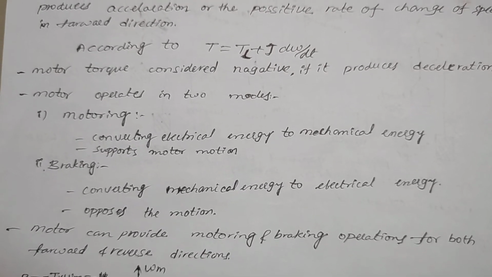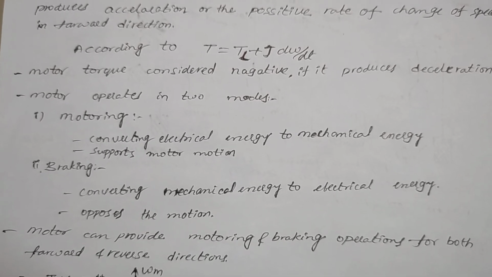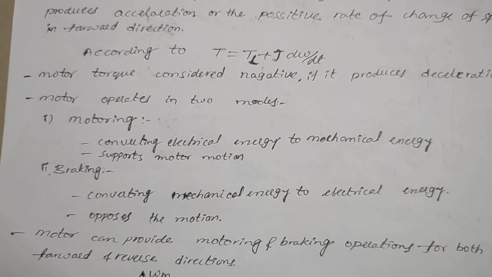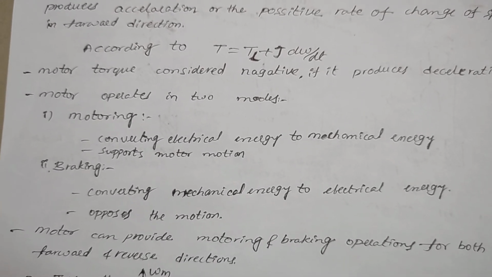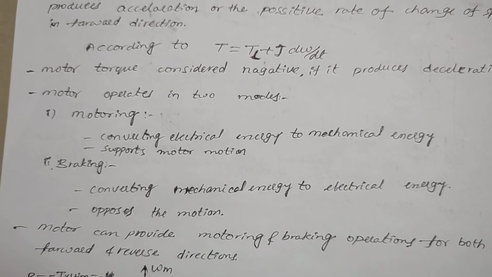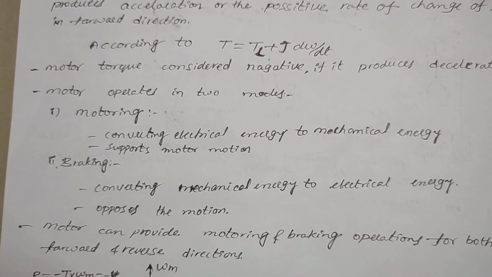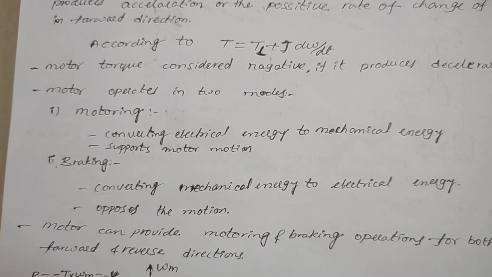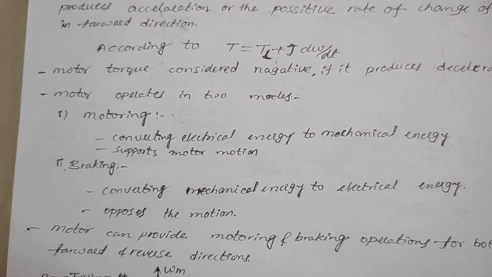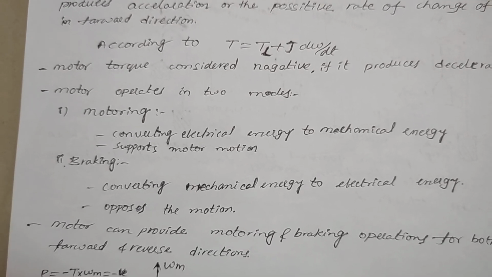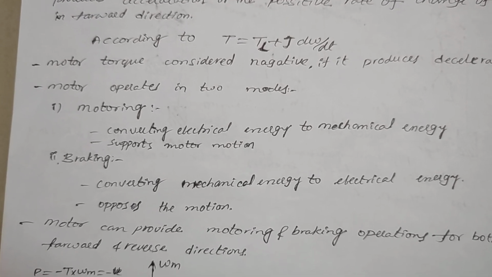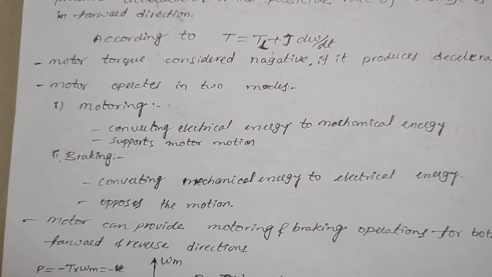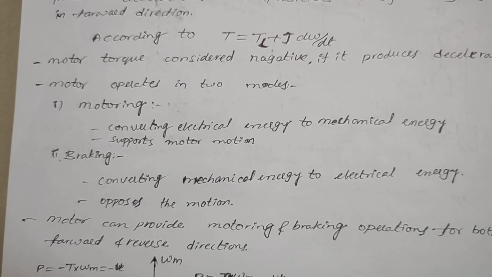It converts the electrical energy into the mechanical energy. That means it supports the motion. If it is in the upward or downward direction, or the forward direction, it supports the motion in motoring mode.